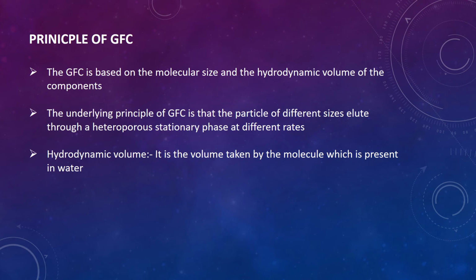The principle behind GFC is that it is based on the molecular size and the hydrodynamic volume of the components, and particles of different size elute through a heteroporous stationary phase at different rates. Here hydrodynamic volume is the volume taken by the molecule when it is present in water.